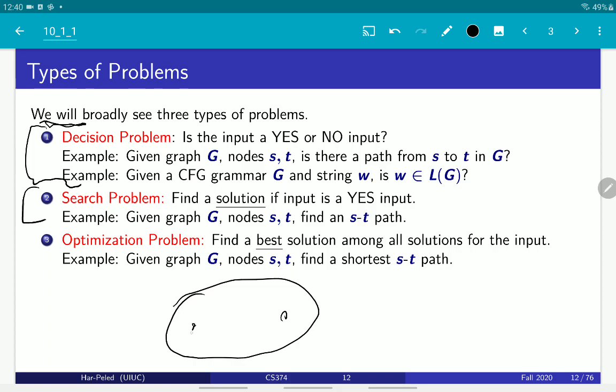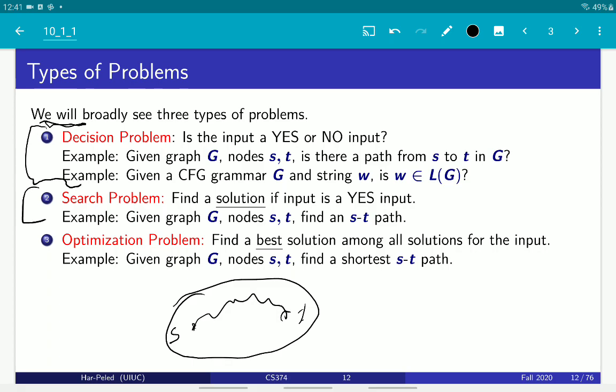If there is a path, I would like to have such a path connecting S to T. So this is the search problem, and the reason it's called the search problem is because there is potentially a huge space of possible candidate solutions, and you want one of them that is valid. You are searching for the solution.